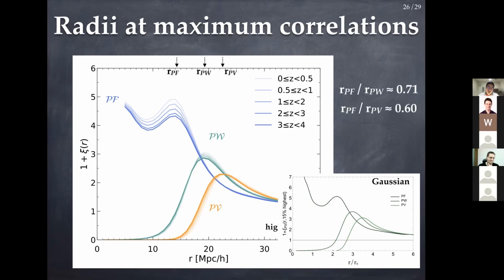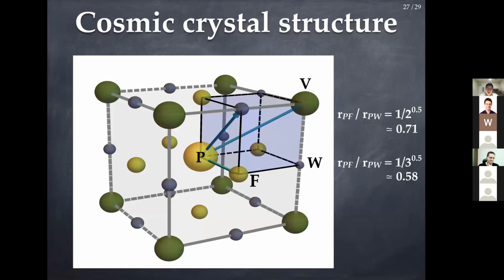So then you can simply compute these distance ratios, which are 0.7 and 0.6. And these values suggest to us that these critical points are spatially organized in a form of cosmic crystal structure.